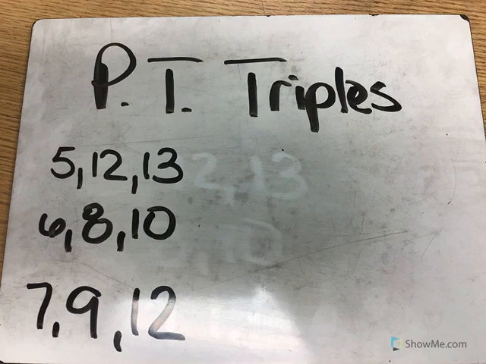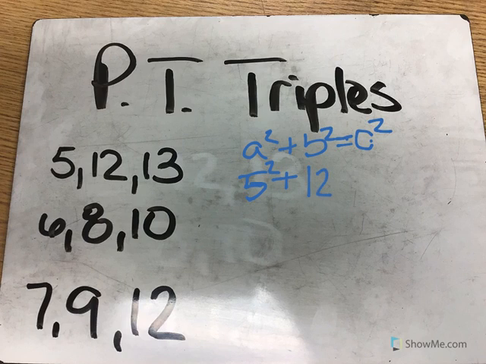So I'm going to write down the formula, A squared plus B squared equals C squared. Then I'm going to plug in what I do know to solve for what I don't know. My two smaller ones are 5 squared plus 12 squared. Does it equal 13 squared? 5 squared, as we know, is 25. 12 squared is 144.